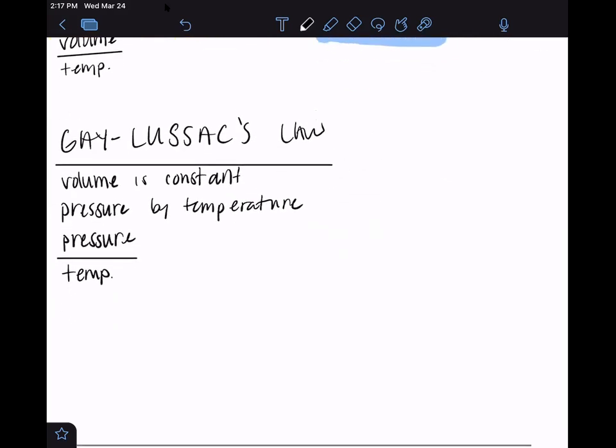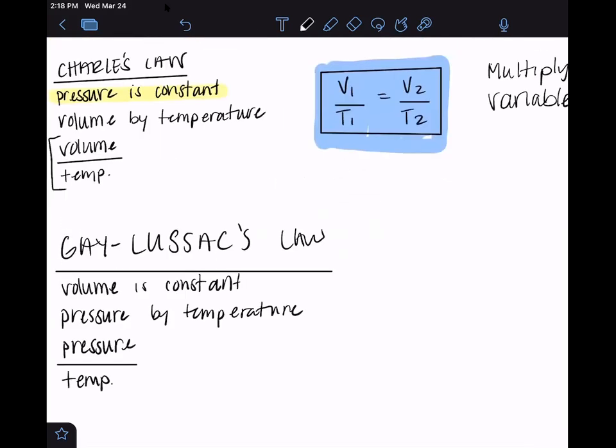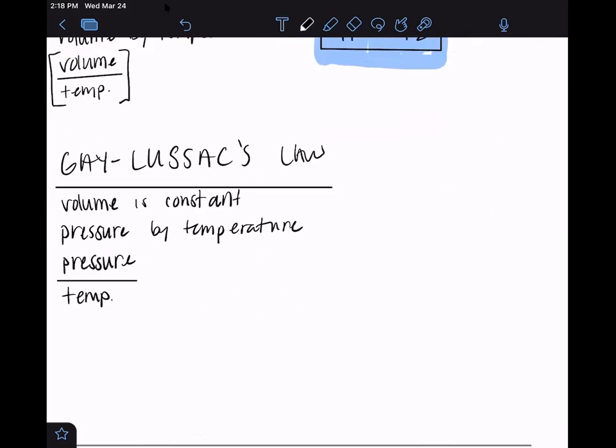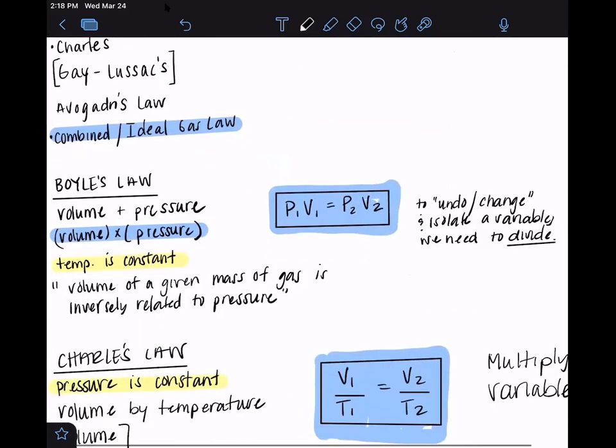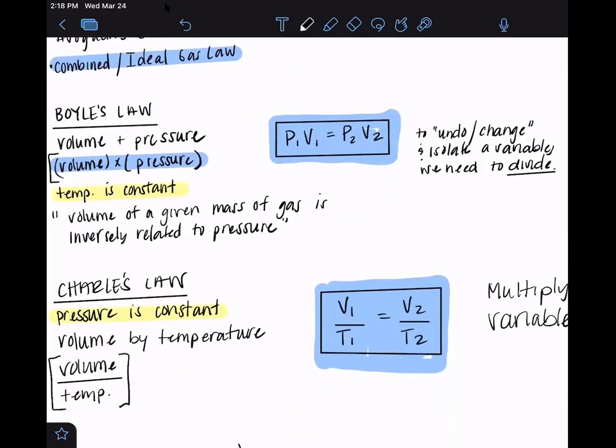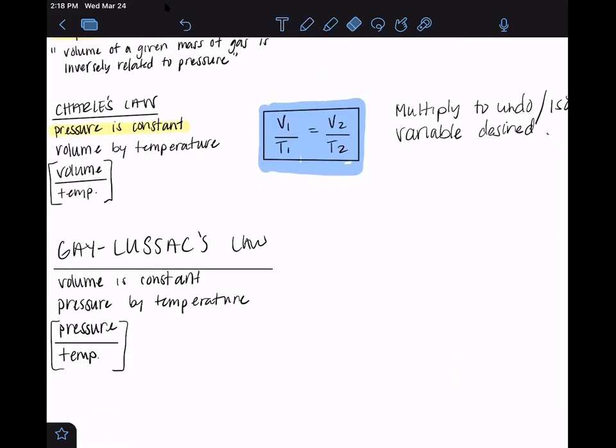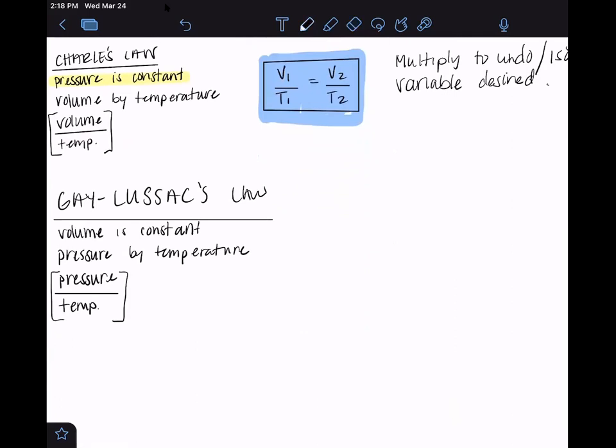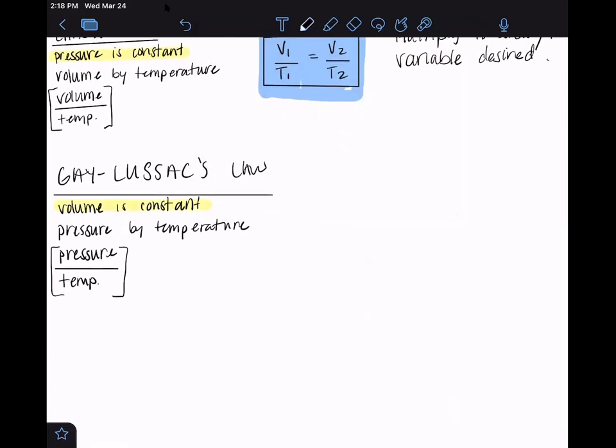So these are the things that you just have to remember. And if you notice, every single one of them invented something, and they're all very similar, just testing for different things. So it's kind of helpful. Let's write here what's constant. It's nice to know that. And here is the equation.